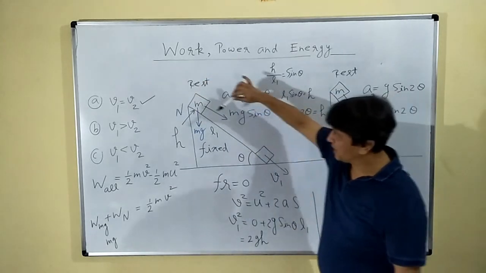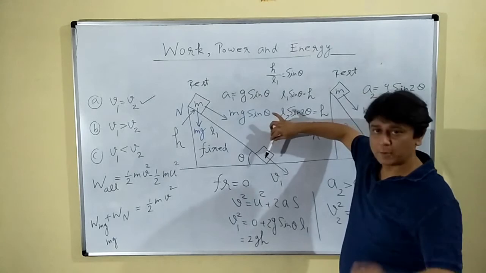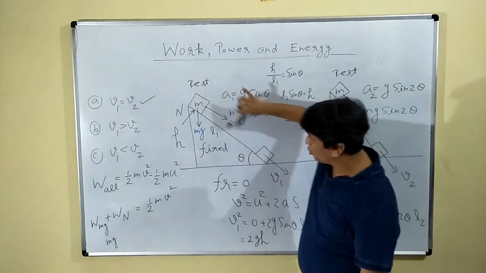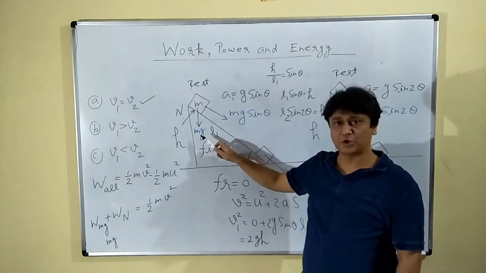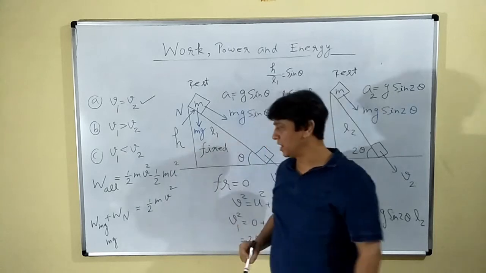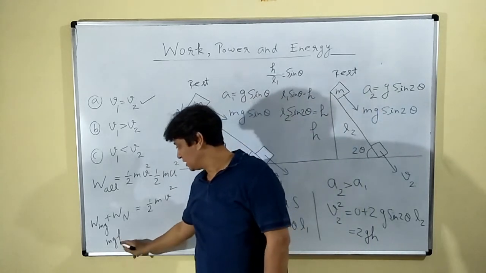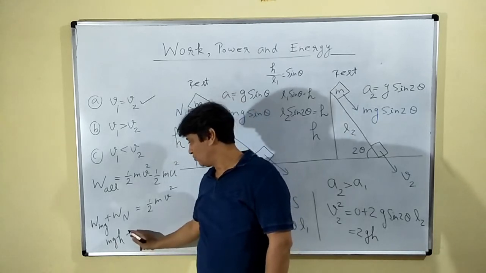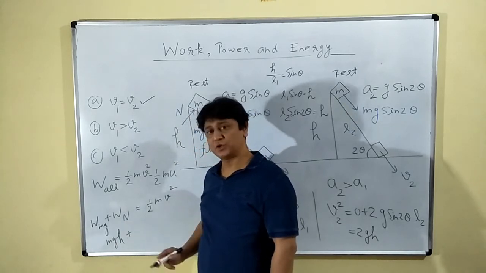What is the displacement? L1. हमें उससे मतलब नहीं. इस L1 का कितना पोर्शन mg के डायरेक्शन में है? h. हमने क्वेश्चंस किए हुए हैं. mg multiplied by h plus work done by normal reaction.